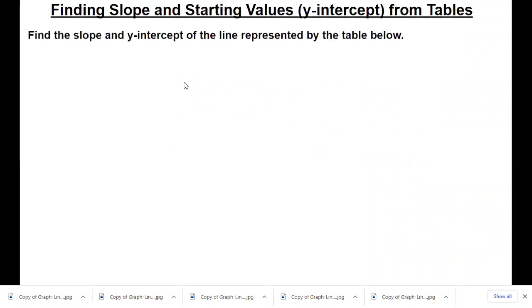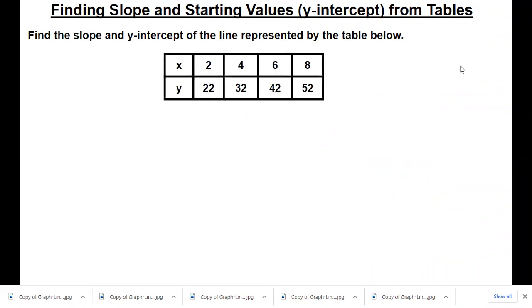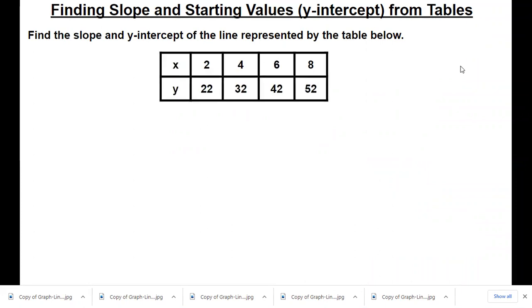Find the slope and y-intercept of the line represented by the table below. Here's our table. There's some x values, we have some y values. We want to find the slope, and we want to find the y-intercept. Since these numbers are smaller and they're even, it's easy to just work backwards, right?